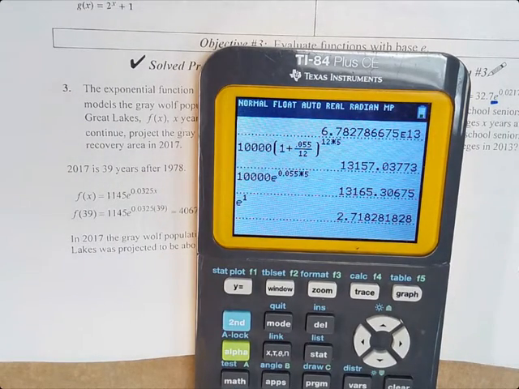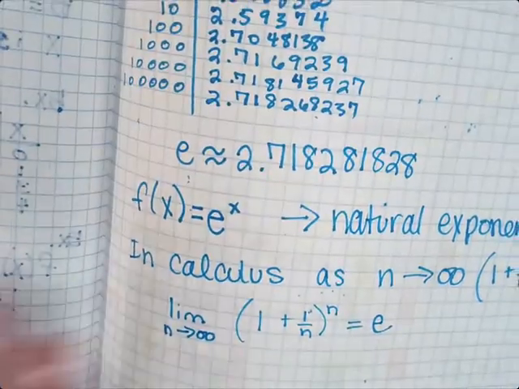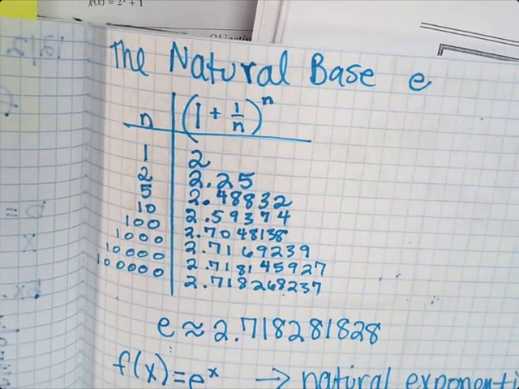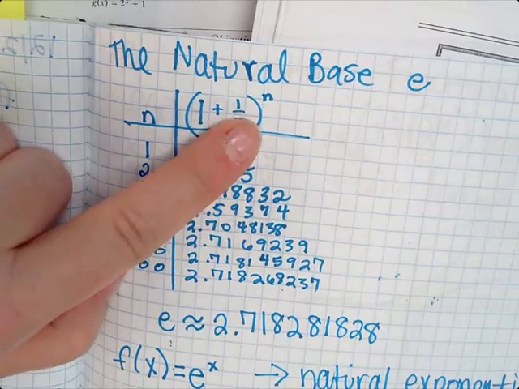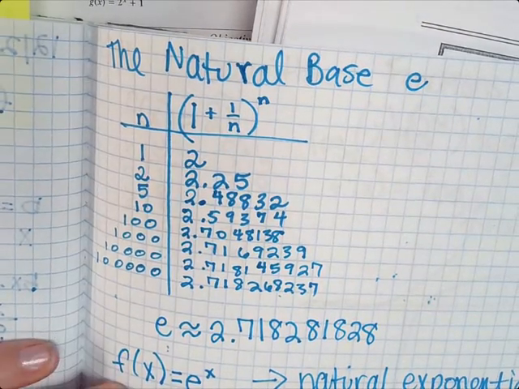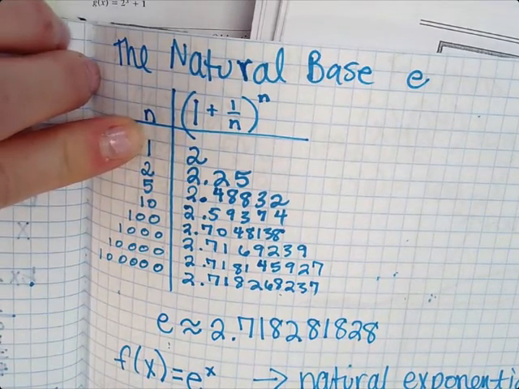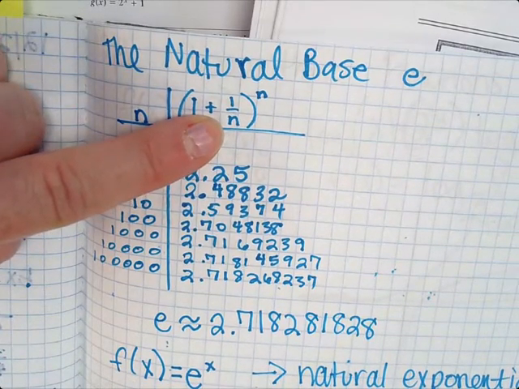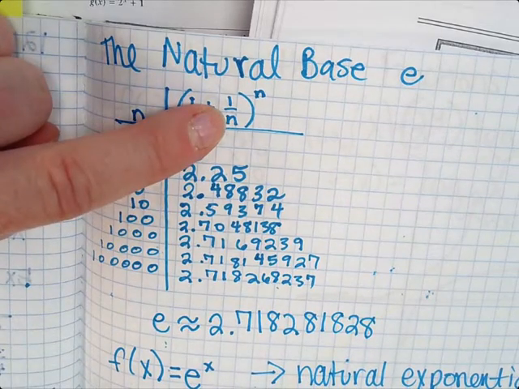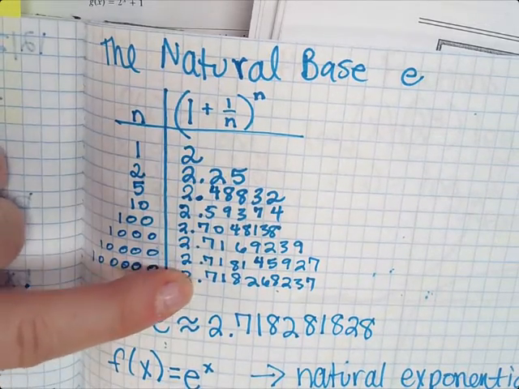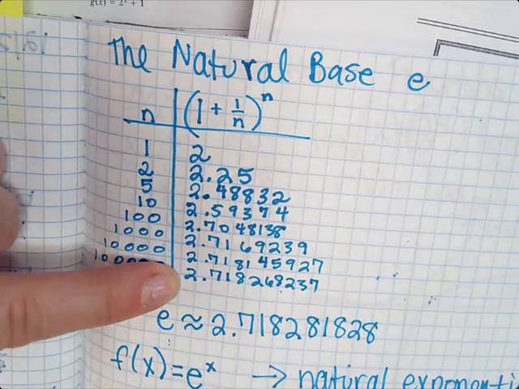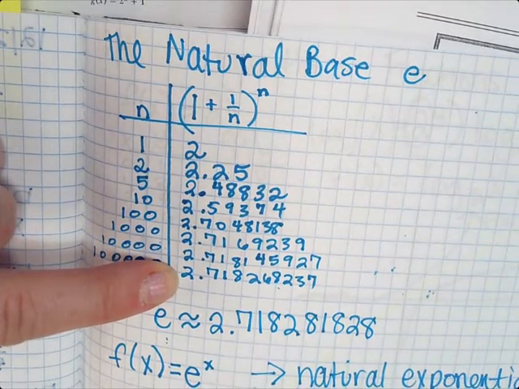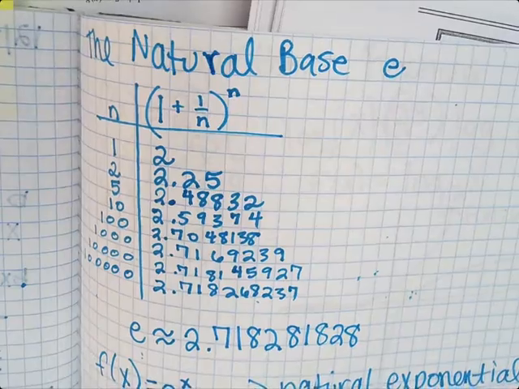So where e comes from, I'll just show you this. You don't have to write this down. We have 1 plus 1 over n raised to the n power. Whenever we plug in numbers and we want the biggest number possible for n, as n gets closer and closer to infinity, your natural base e will go closer and closer to the actual value, which is 2.72.